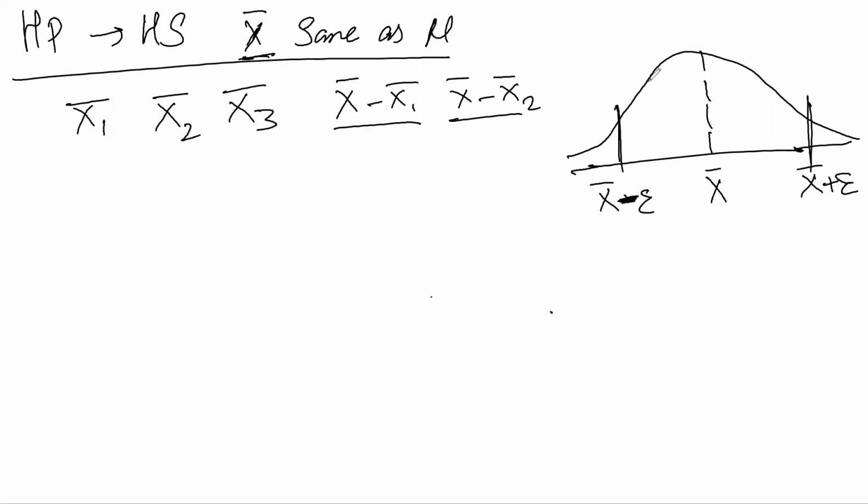After that, what I did is I found the probability, for a given confidence, let's say my confidence is 95%, right? So for 95%, I'll try to see what is the probability that this X bar is within this range, right?